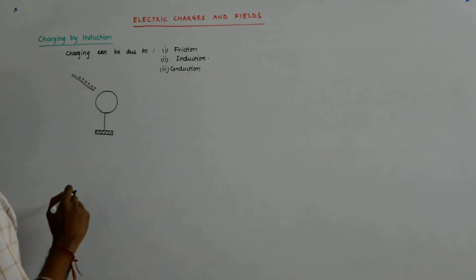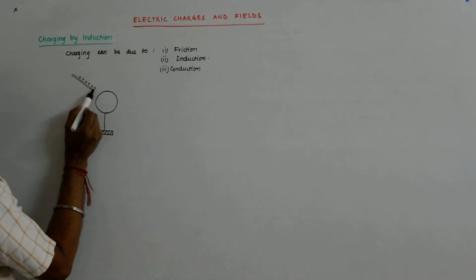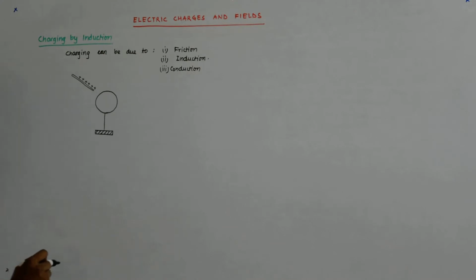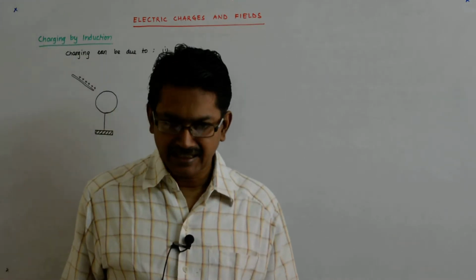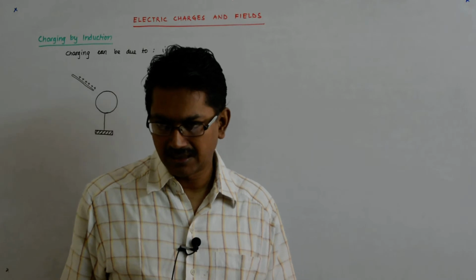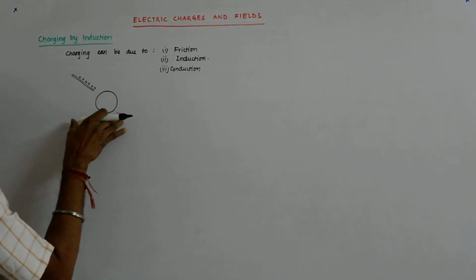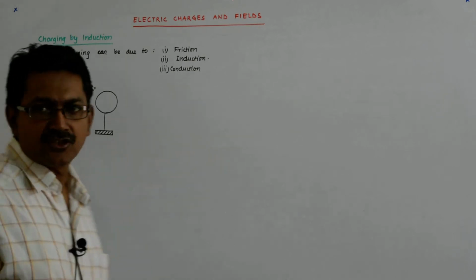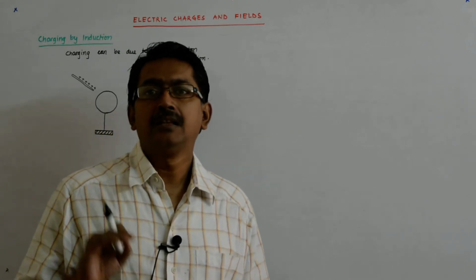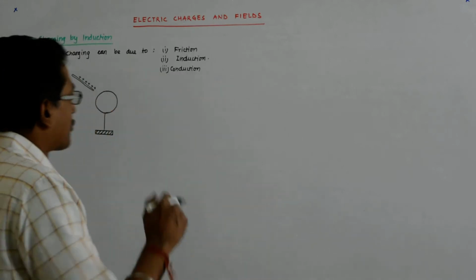Now let us understand what happens. This being positively charged, and unlike charges getting attracted, as we had seen, the electrons will be attracted. This metal is characterized by a large number of free electrons.